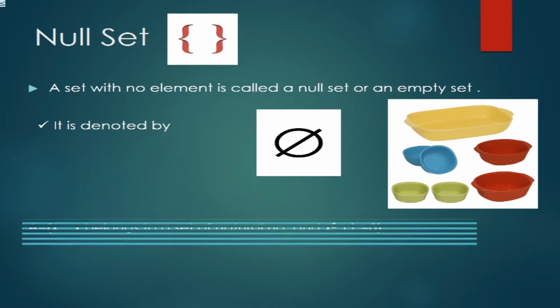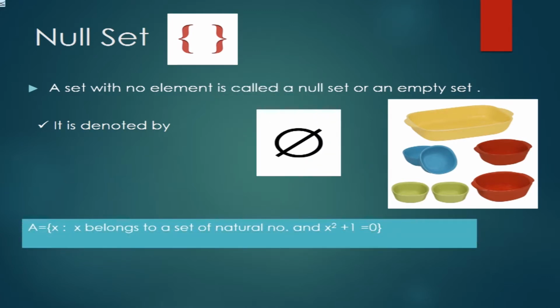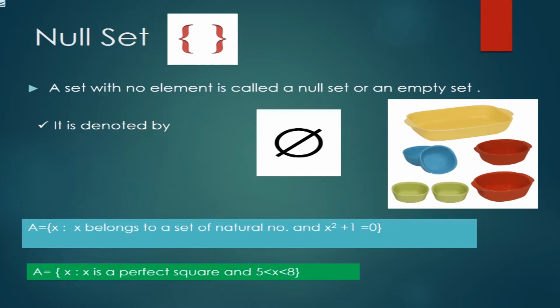For example, x is an element such that x belongs to the set of natural numbers and x squared plus 1 is equal to 0, is a null set as no member can satisfy this condition. Let's take one more example: elements of a set such that the elements are perfect squares and lie between 5 and 8. So, there is no such element. So, it is a null set.